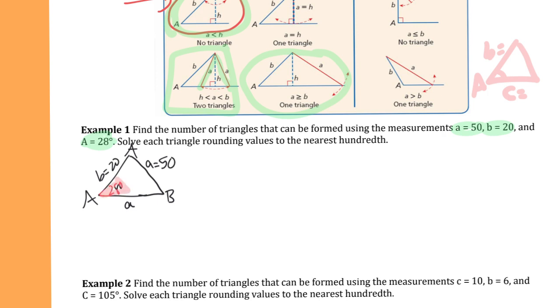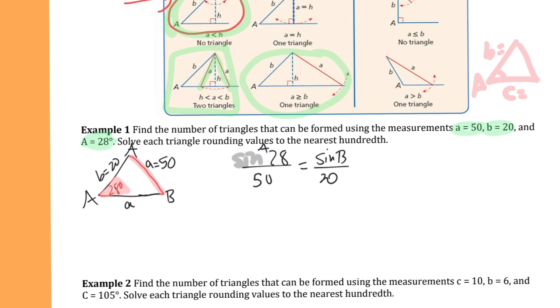I know angle A, and I know side A across from it. So let's start the relationship. If we do sine, sine of 28 degrees goes with 50, that's with side A and angle A, and that equals sine of angle B over side B, which is 20.